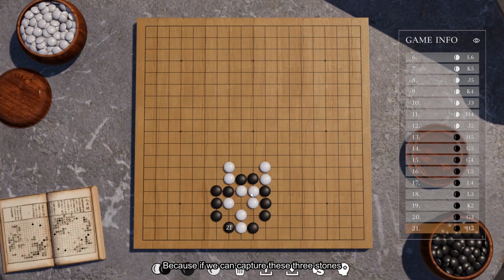Because if we can capture these 3 stones, we can save these 2 black stones. But if we try to capture the other 3 stones, even if we manage to capture them, it still wouldn't save these 2 black stones. Therefore, we call the stones adjacent to black the keystones.